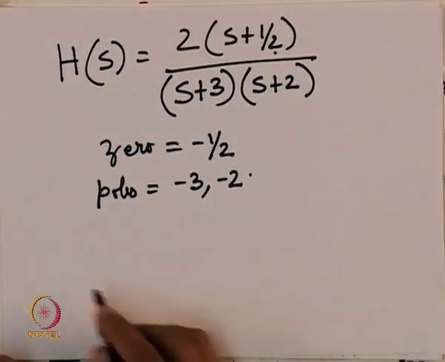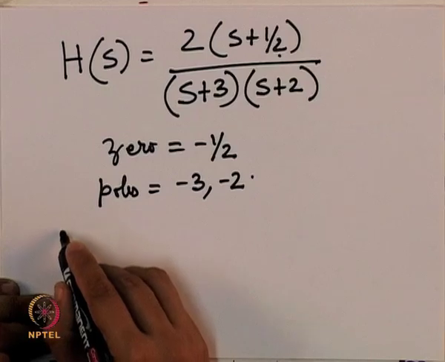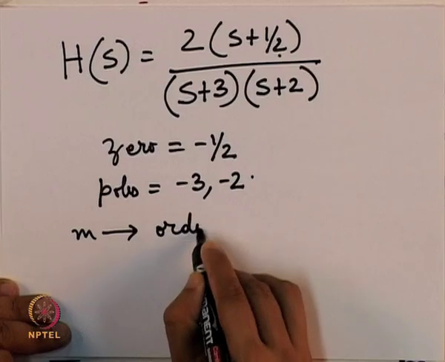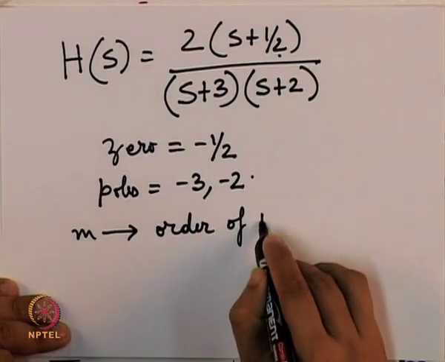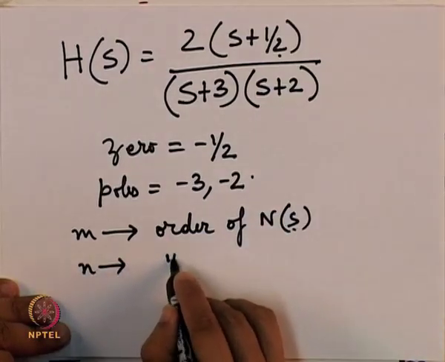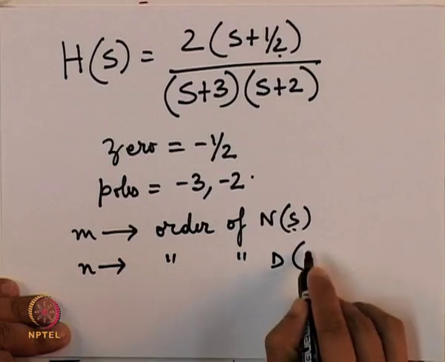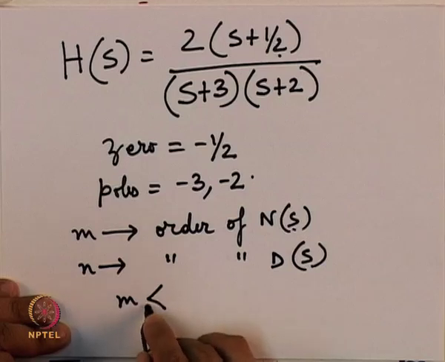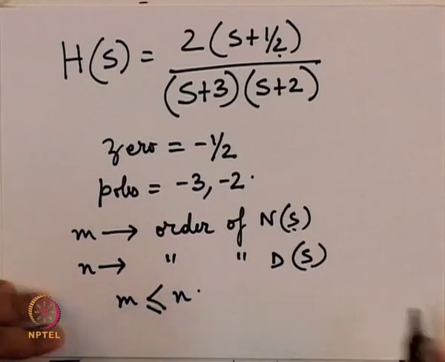Okay. Now, one thing you must note: suppose m is the order of N(s), the numerator polynomial, and n is the order of the denominator polynomial D(s), then for physical systems you will always find that m is less than n.